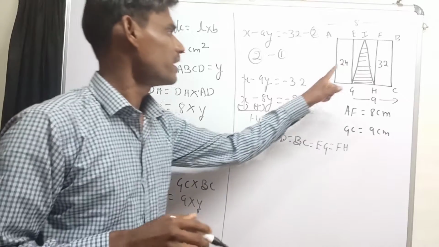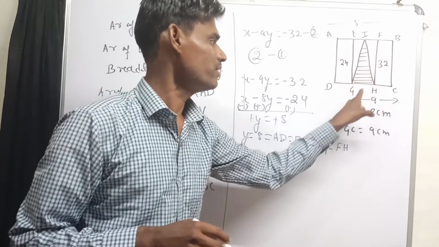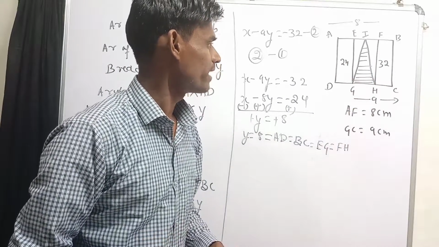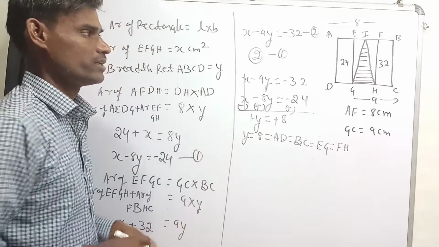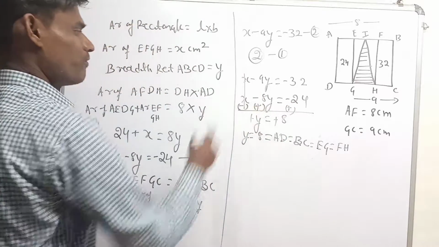Now let's find out the area of this rectangle EFGH, means let's find out the value of x.